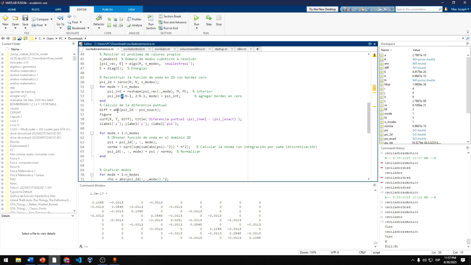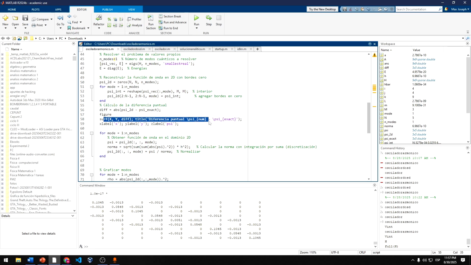Aquí haces ya el cálculo de la diferencia. O sea, si quieres tener un error, por así decirlo, de la función numérica menos la función analítica, pero como está en valor absoluto, solo quieres obtener la distancia que hay entre esas dos soluciones, la proximidad y qué tan fiable puede ser el método numérico.